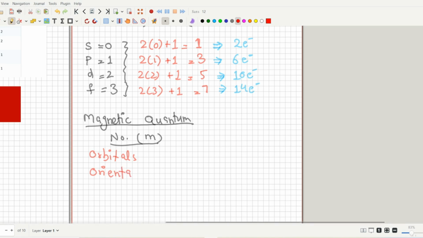So these are the information that will be given by magnetic quantum number. And degeneracy of orbitals. Sorry, it's orbitals, not electrons.